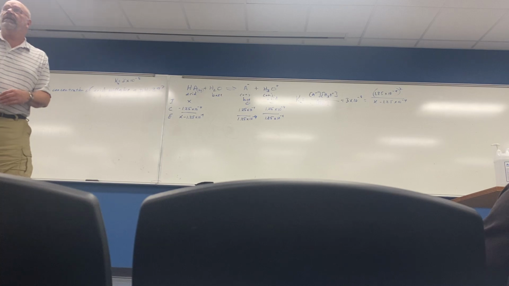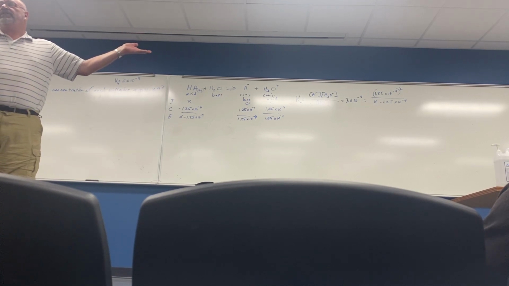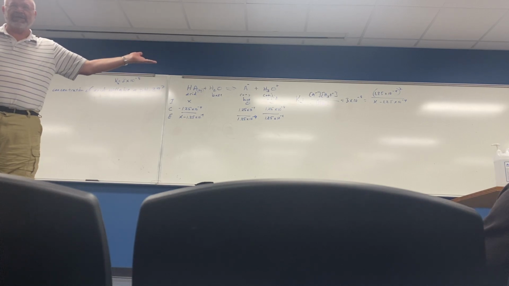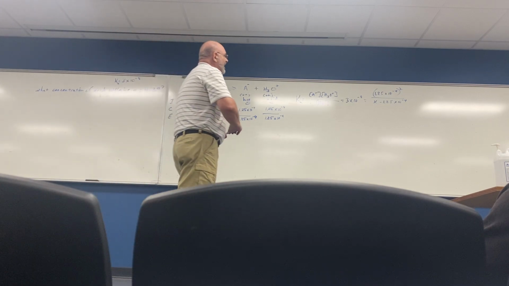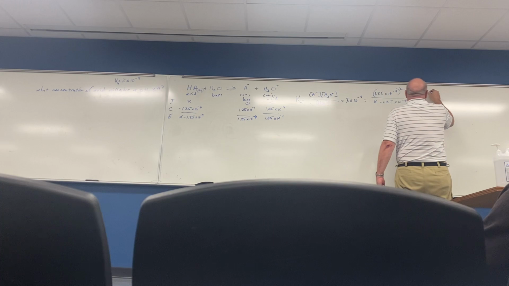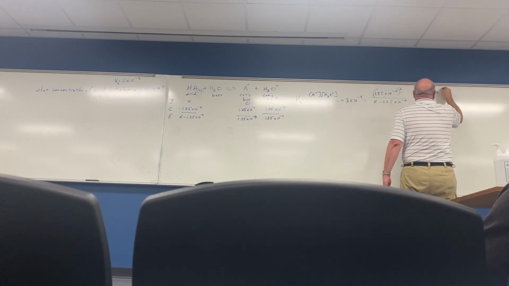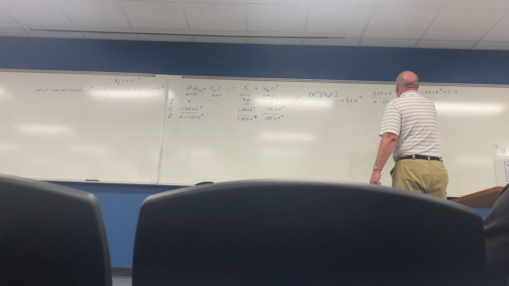Now, for those of you that want to do a little less algebra, there's no reason why we can't make the same assumption we made before, even though I know what the number is, right? I could say, if 1.25 times 10 to the minus 4th is much less than x, then I can cross out that term.